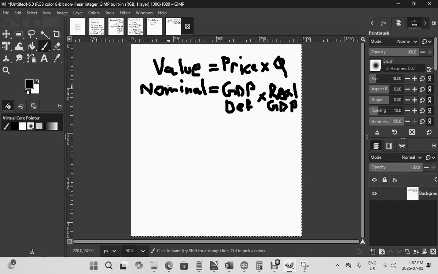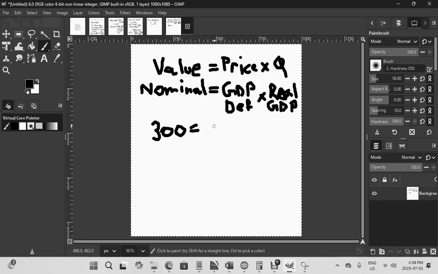All right, so now that we have these two formulas, we can solve for any one of these two formulas. So we know value equals price times quantity. So suppose a tablet in a retail store, in a store that deals with consumer electronics, is valued at $300. So let's say the value of this tablet is $300, and you want to figure out the total units, total number of tablets inside the retail store if you know what the price is.